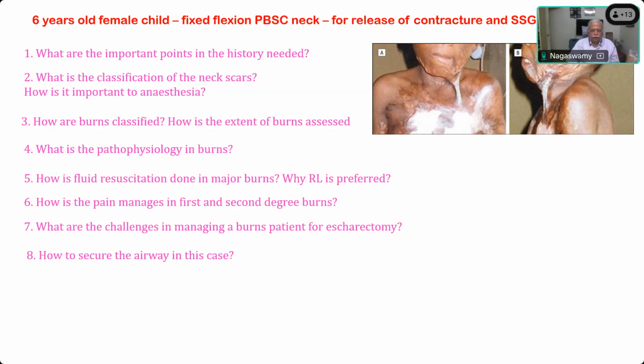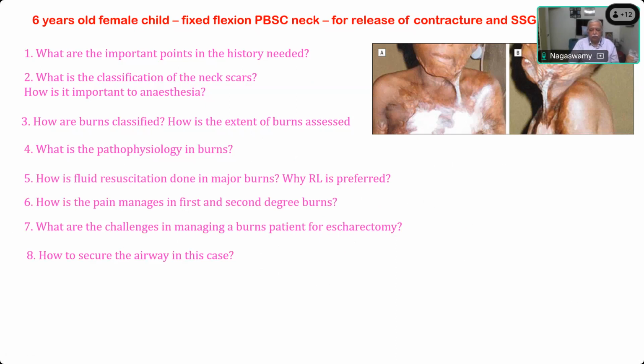Is there a chance of airway obstruction occurring? How do you sedate? Intravenous or inhalational? I'll go with intravenous, sir. Always the answer is you can sedate the child with inhalation induction.